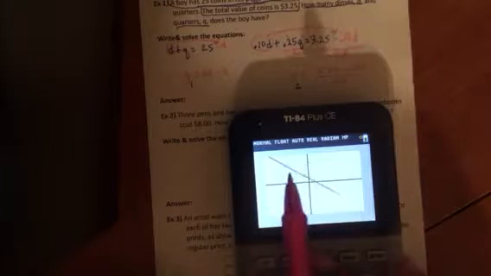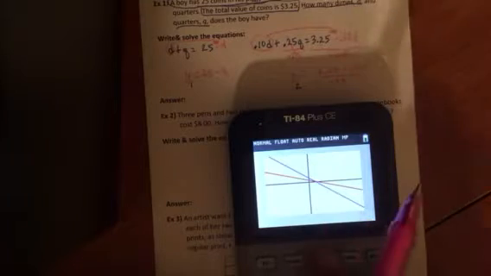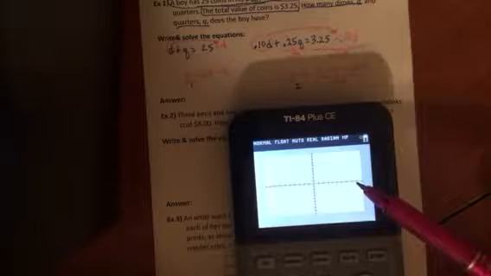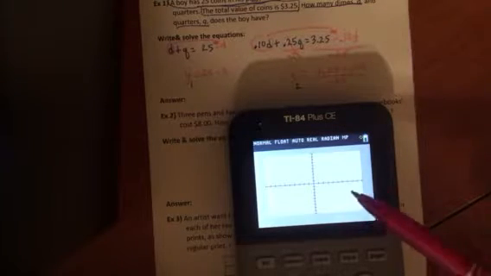Okay, now I'm going to press graph, and I have to see this intersect. I'm actually going to zoom this to where it would be on your calculator. I've been playing with the settings so you could see this automatically. But if you graphed it on your own without messing with the settings, this is what it would look like on your calculator.